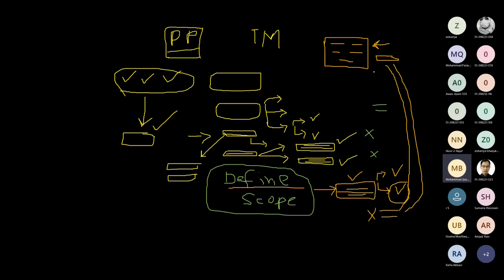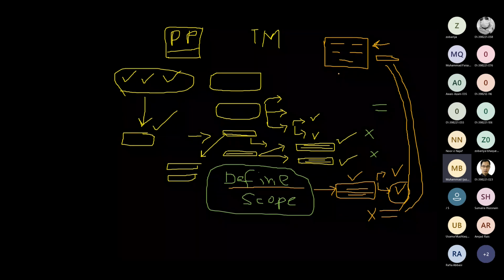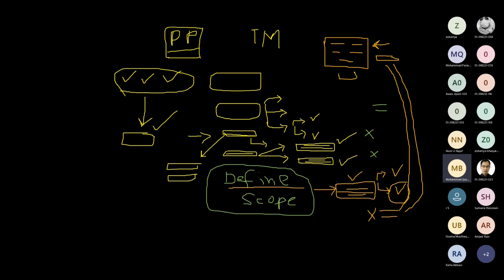Similarly, taking licenses or getting approval of various facilities like gas and electricity, do I need to work on this too or not? Or is my whole focus just the town planning and all that? If arranging the electricity and gas facilities is also part of my project, I will write it in the inclusions. If it is not, then I will write it in the exclusions or out of scope.